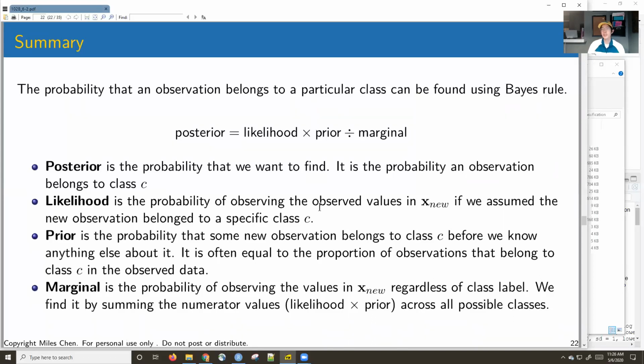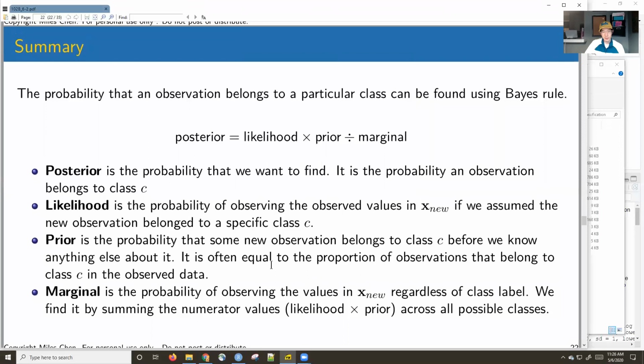So you have to use the probability distribution that's appropriate to calculate your likelihood. The priors, we often use the proportion of observations that belong to a particular class C.